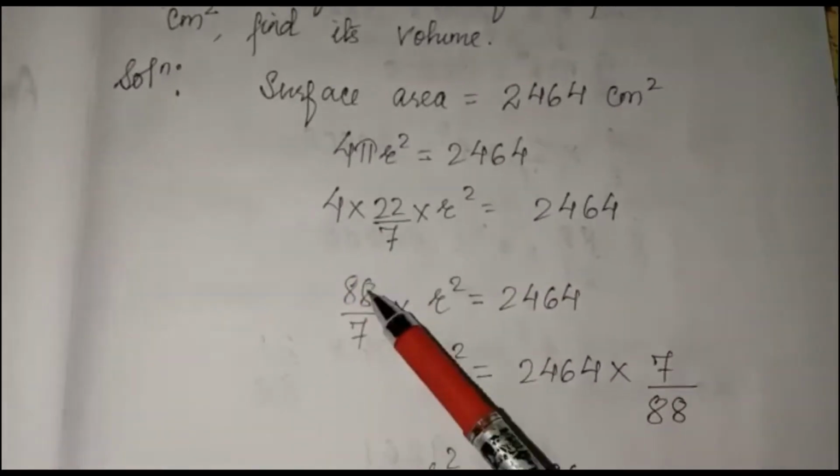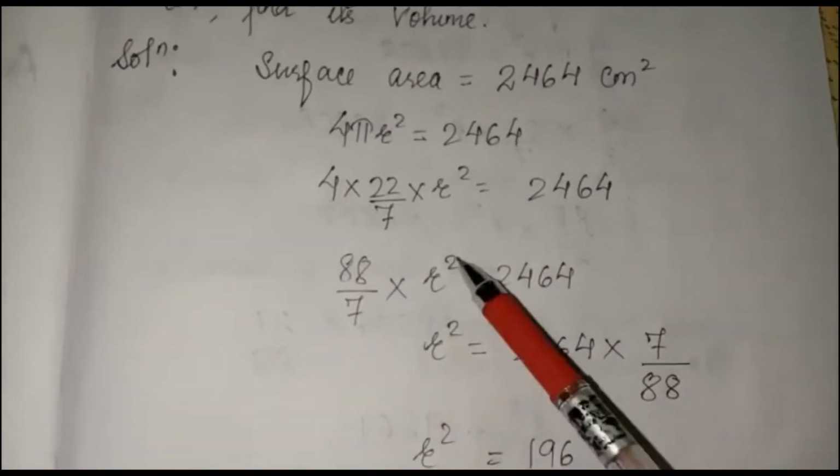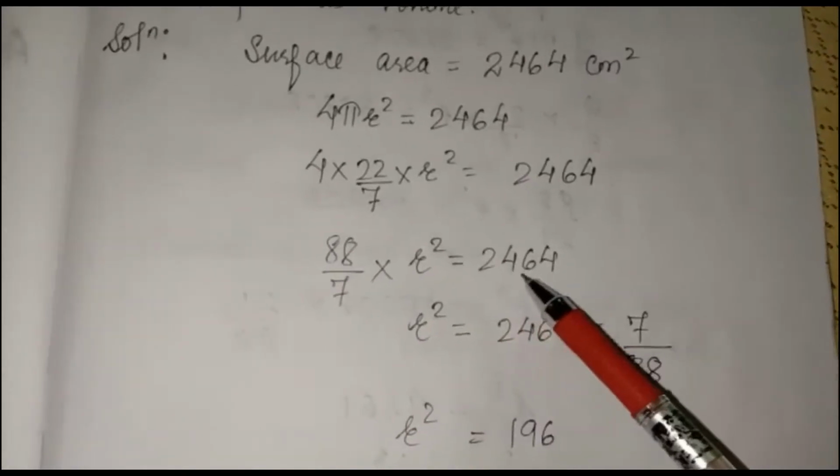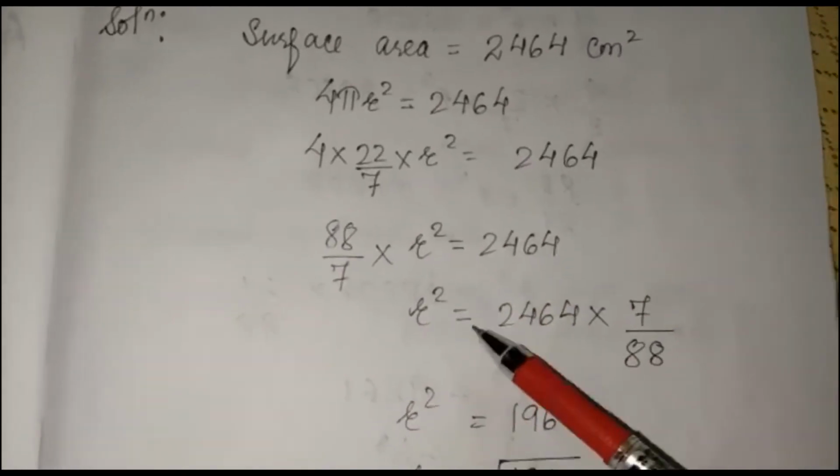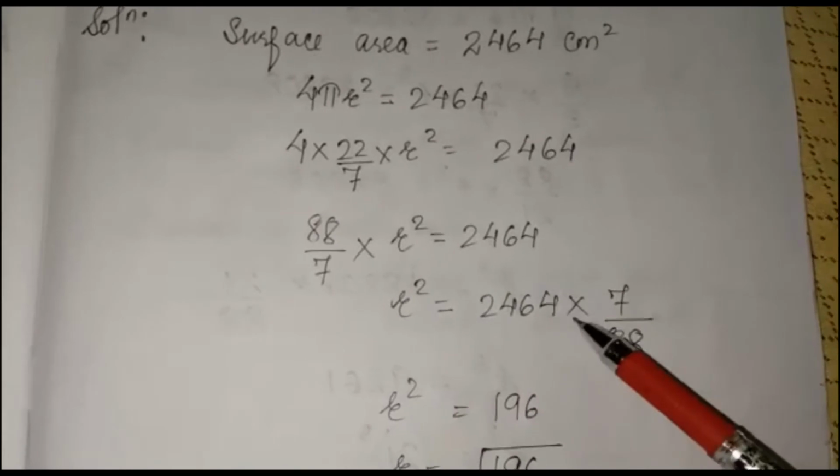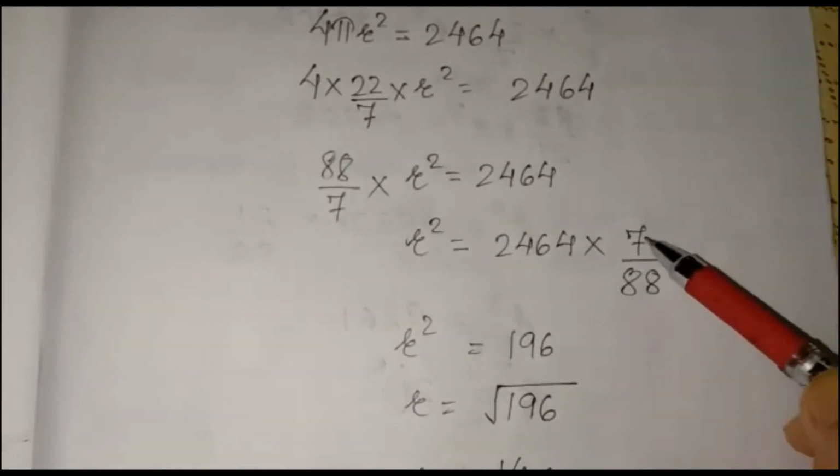4 into 22, 88. 88 by 7 into r square is equal to 2464. So r square is equal to 2464 into, this will be reciprocal, 7 by 88.